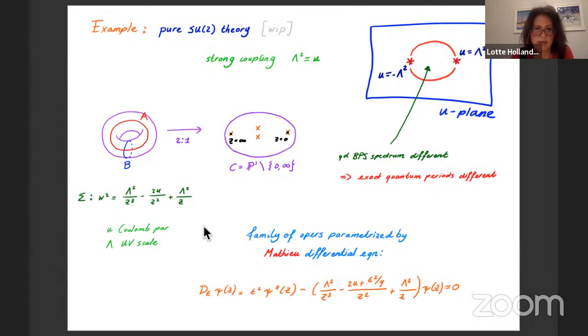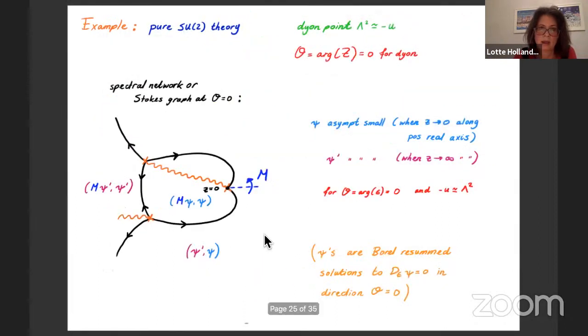So what can we say? Still, the opers are given by the same Mathieu differential equation. It's just that now we examine this differential equation in a different regime. So there are special phases if we want to connect to the usual effective twisted superpotential for the pure SU2 theory.